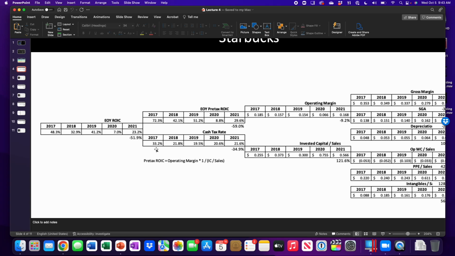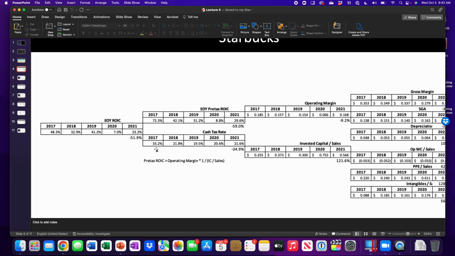Did that drop in tax rate help or hurt their ROIC? That's a question to the group. Help or hurt? Did the drop in tax rate cause the ROIC to go up or down?